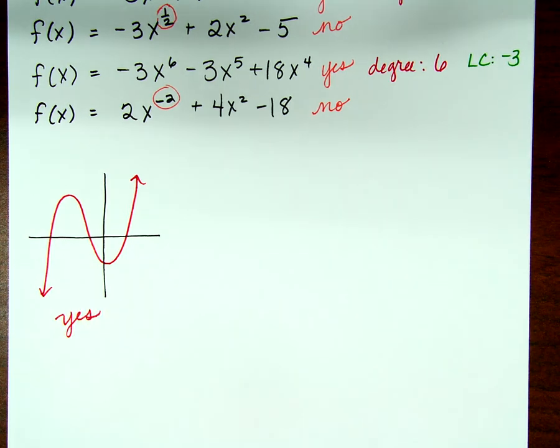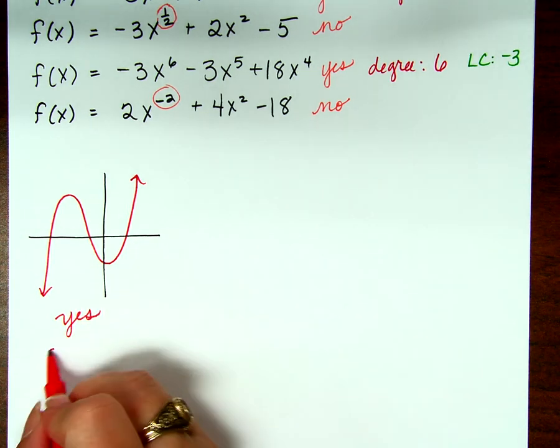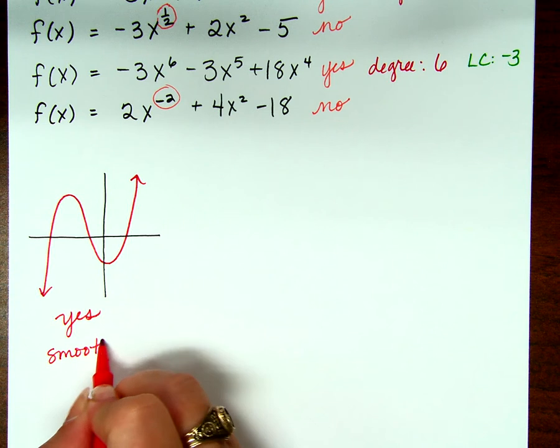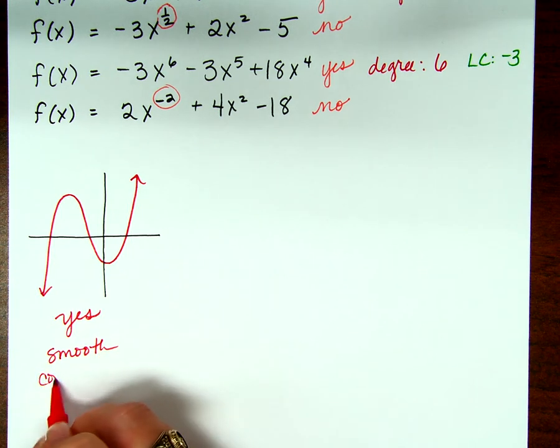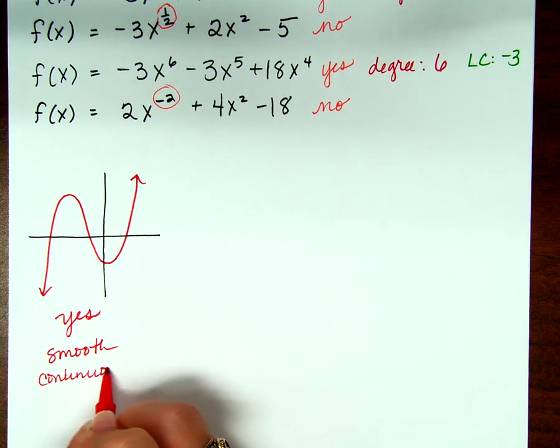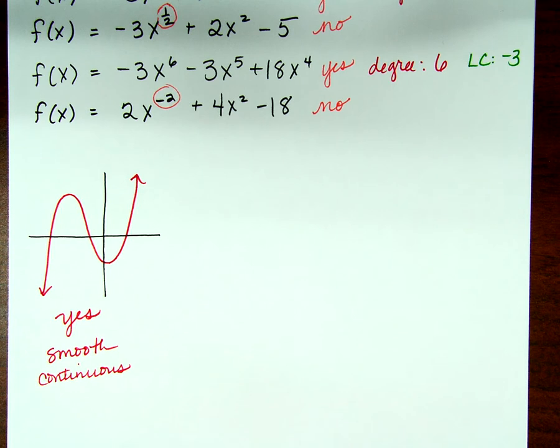And it is because it's smooth and continuous. What do I mean by smooth? No hard angles, right? It doesn't come to a point and then change direction, right? And what do I mean by continuous? It doesn't stop. There's not any breaks in it, right?